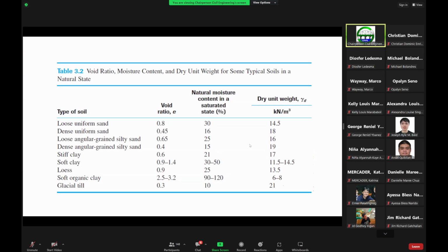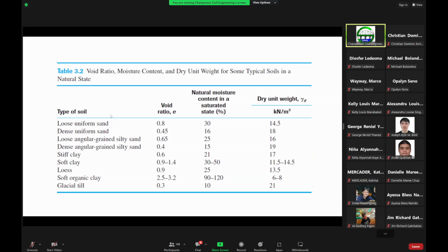The void ratio is unitless. The moisture content is in percent, and then the dry unit weight is in kilonewtons per cubic meter. These are just typical values that you can find in the literature considering these different types of soil material.